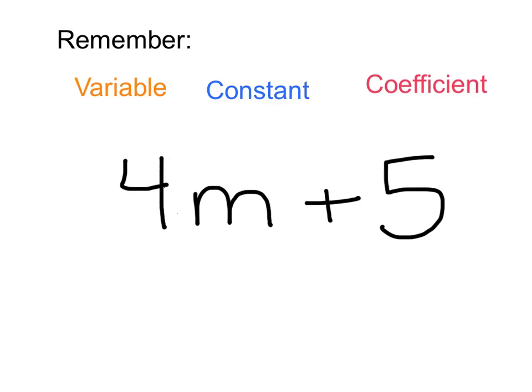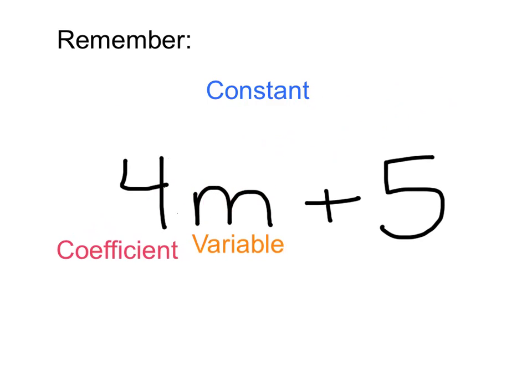Let's remember our really key vocabulary here. You've either watched my last video about what a constant, a coefficient, and a variable are, and now today we're going to make sure that we remember what we learned in class. So if I look at my example 4m plus 5, I need to remember that the variable is the letter that represents a number.